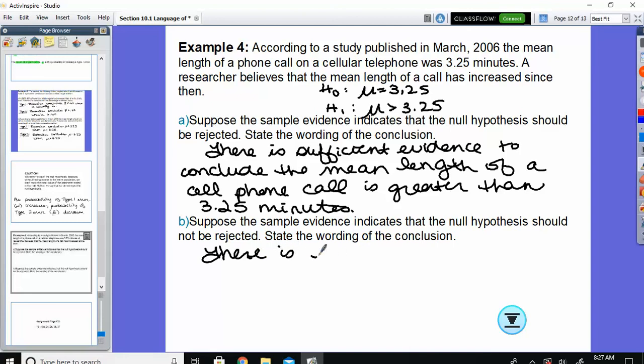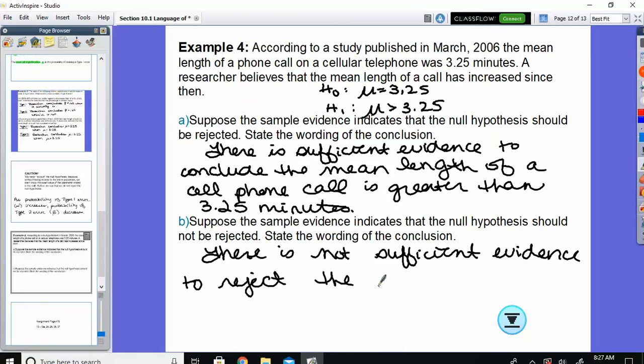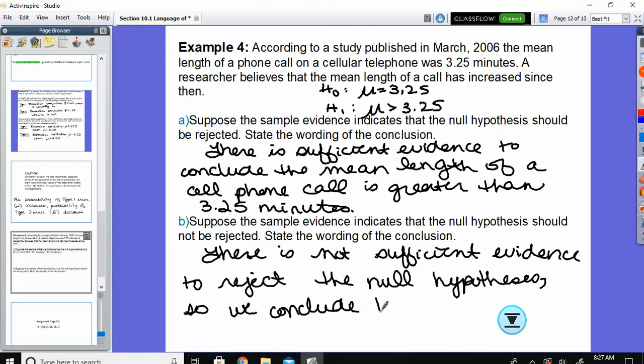So there is not sufficient evidence to reject the null hypothesis. For now, we just have to assume that the mean is still 3.25 minutes.